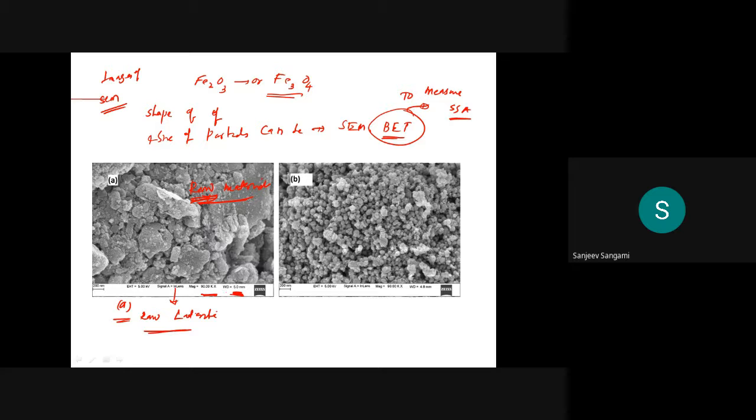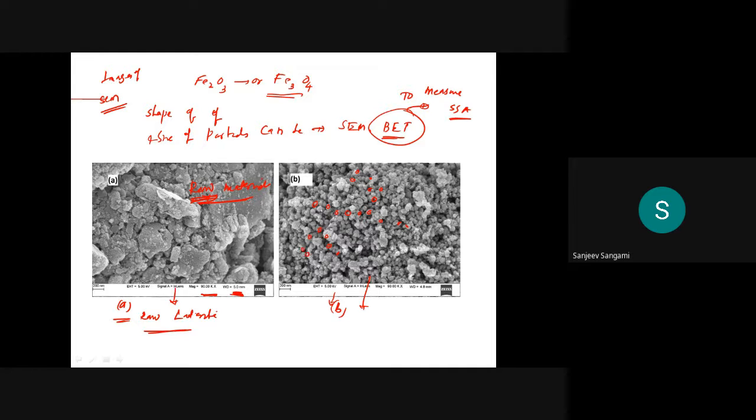Forget this one, you cannot find any particles here. Coming to image B, you can see that the particles are of this shape, and small sizes are there. So this kind of observation has to be made, or it has to come with the cement. Even if the cement is there, it has to look like this, a similar image.